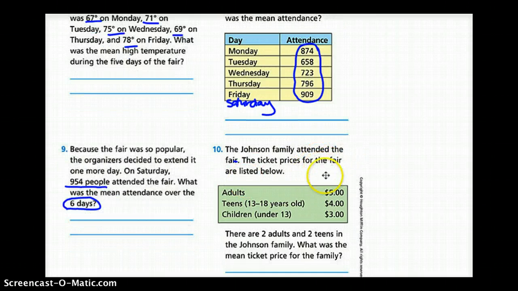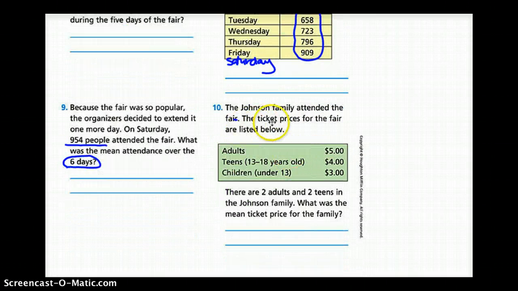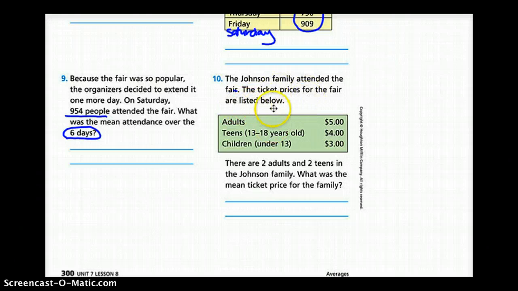Number 10, it says the Johnson family attended the fair. The ticket prices for the fair are listed below. There are 2 adults, so I need 2 of these. And there are 2 teens, 2 of those. What was the mean ticket price for the family? So 2 adults would be $10, and 2 teens would be 4 plus 4, which is $8.